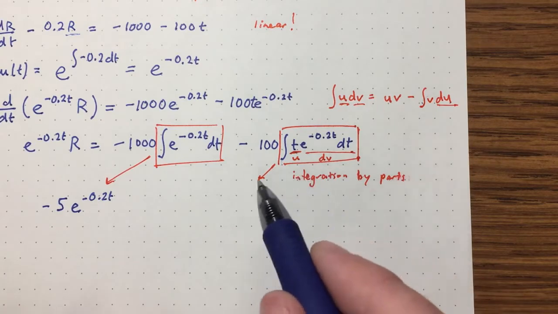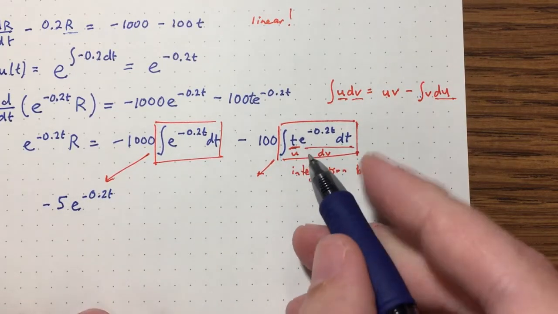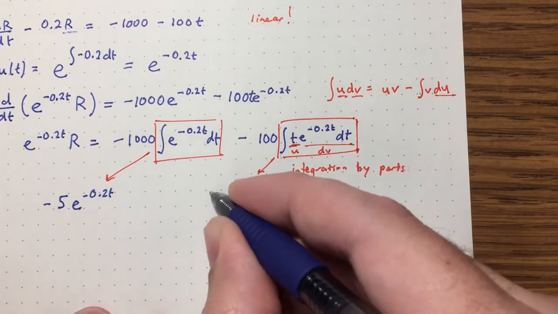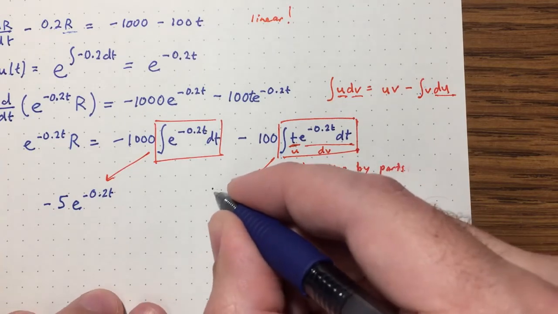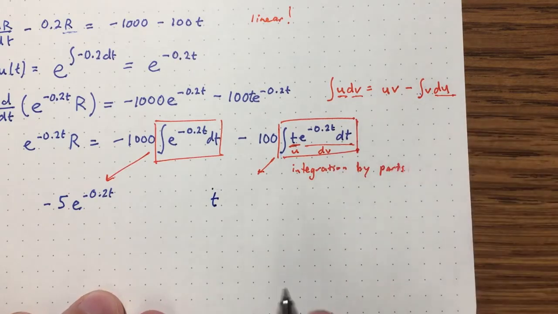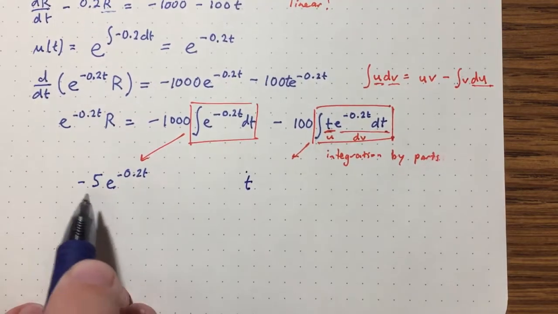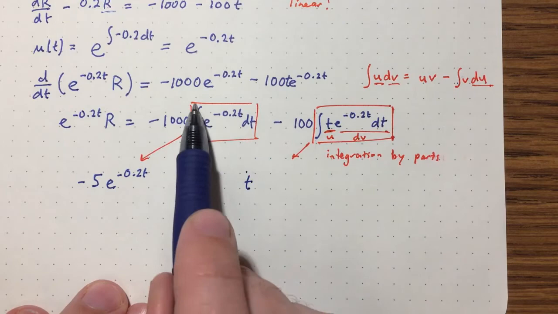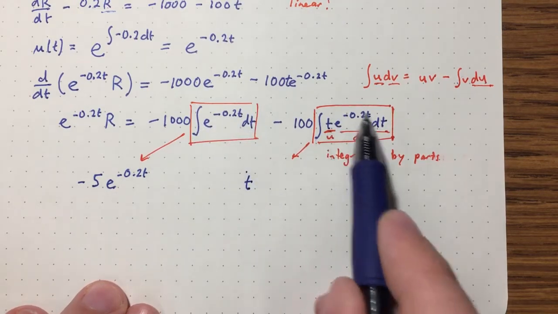Okay, so what is this piece going to be here? I'm just going to write down uv, so it's t times, well, I need v. What is v? V is actually just this thing right here, right? That is the integral of dv.